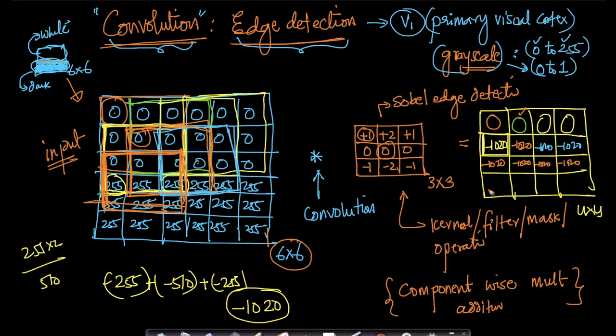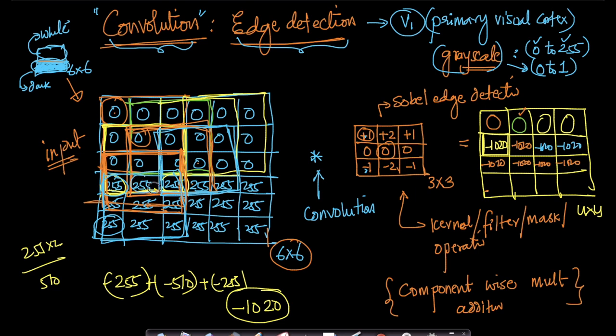What about this value? For this value here, I take this matrix. Look at it. I have 255, 255, 255, 255, 255, 255, 255, 255. Tongue twister there. Right? I multiply 255 with plus 1. I also multiply this 255 with minus 1, so they both cancel out.